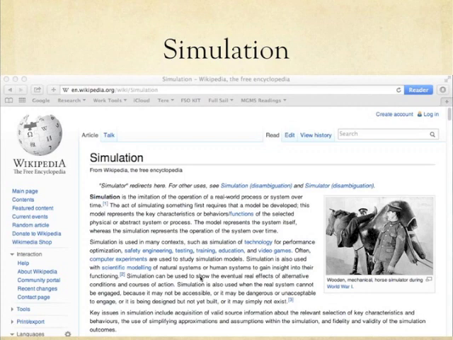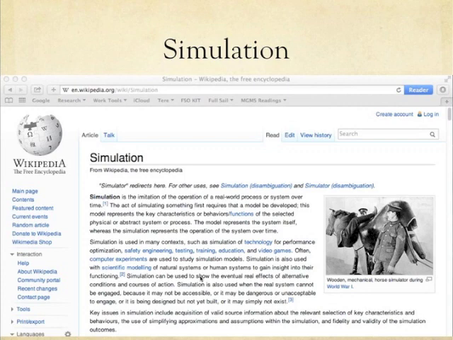This model represents the key characteristics or behaviors or functions of the selected physical or abstract system or process. The model represents the system itself, whereas the simulation represents the operation of the system over time, more concerned, say, with the process. Simulation is used in many contexts, such as simulation of technology for performance optimization, safety engineering, testing, training, education, and video games.